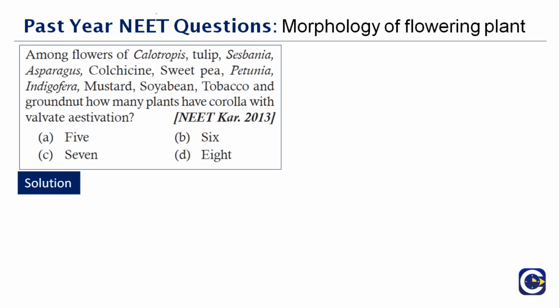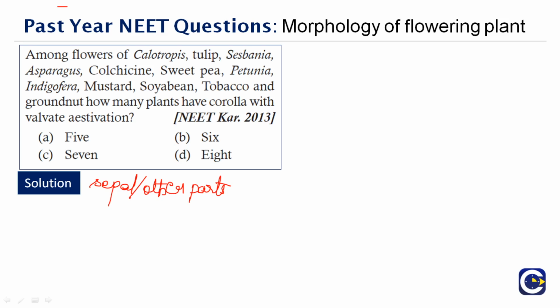First we will talk about valvate. Valvate refers to sepals or other parts having adjacent edges abutting rather than overlapping, so they don't overlap. What do you mean by the term aestivation? Aestivation means, in terms of botany, the arrangement of the petals and sepals in a flower bud before it opens.